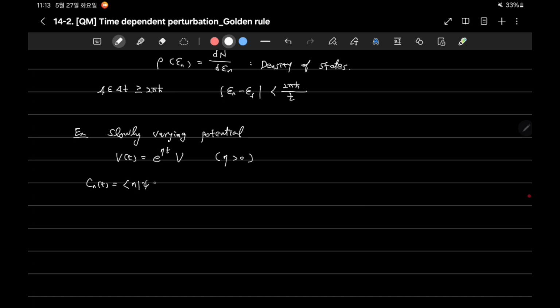That is ⟨n|ψ(t)⟩. That is 1 over iħ, and the integration from minus infinity to t, dt', and here the potential can be ⟨n|V_0|i⟩ and also e^(i(ε_n − ε_0)t'/ħ), and also because here the potential is e^(ηt').